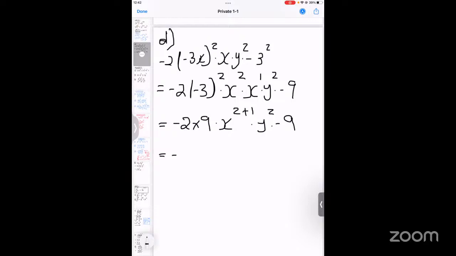So that means we have negative 2 multiplying positive 9, and multiplying that negative 9, we have x to the 3, we have y squared. So this one we said, because of that negative and that negative, it makes it positive. This times that and that gives us 162 x to the 3 y squared.